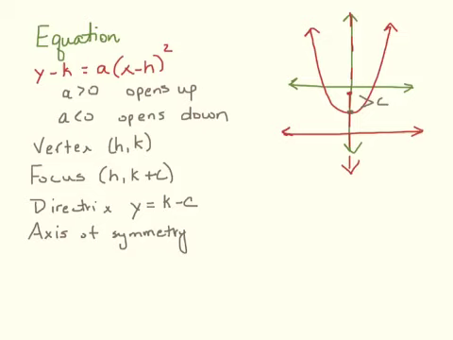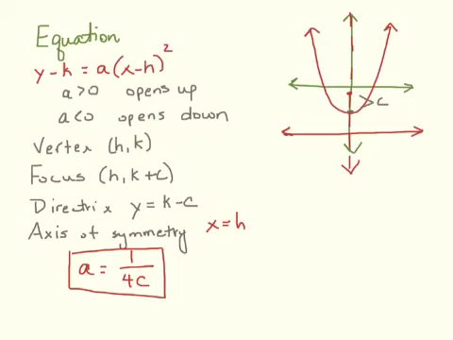So instead of y is equal to, you're going to have an x is equal to, and it's equal to your x-coordinate of your vertex. So I've introduced this number a, and how do you find c besides counting? Well, if you're given an equation and you know that coefficient a, it is going to be 1 divided by 4c. And we will use that information to help us graph parabolas.